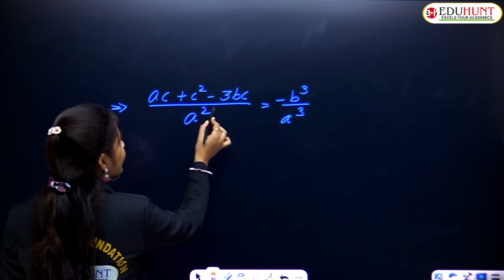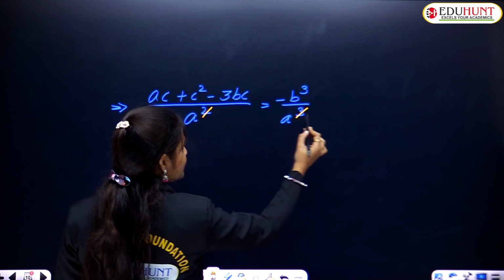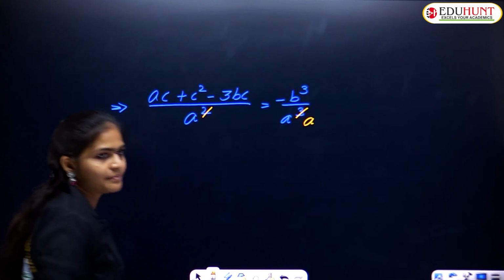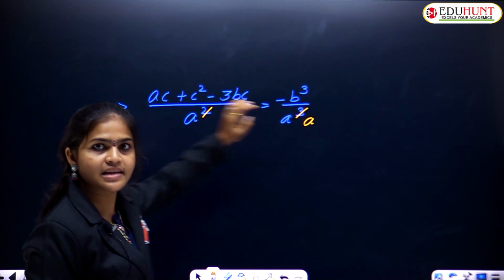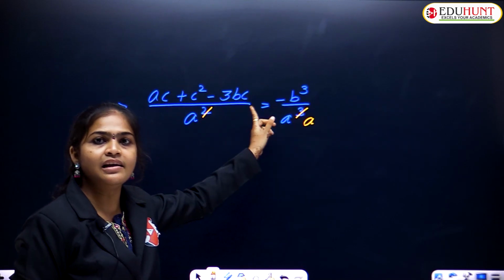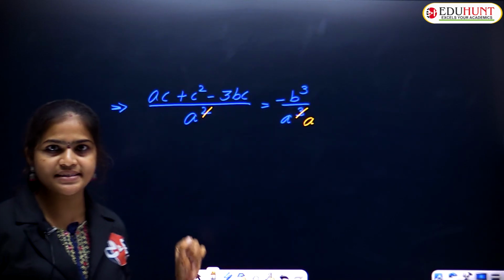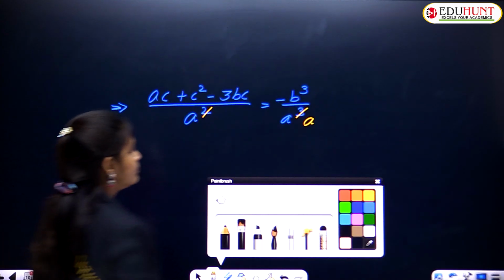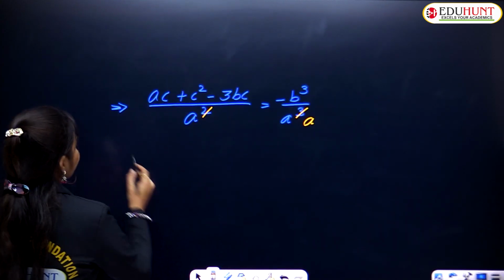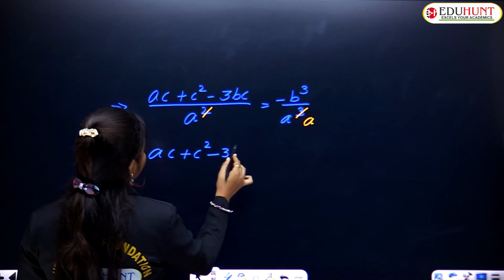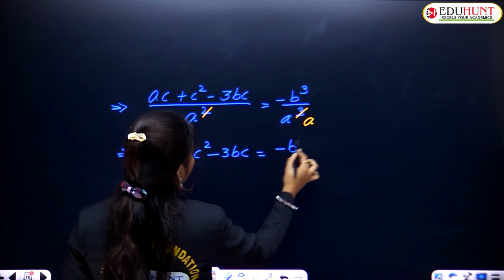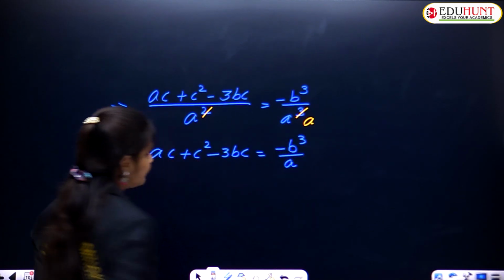So see here, 2 times a is there on one side and 3 times a on the other, so 2 times get cancelled and 1 time is left over. From this one, ac plus c square minus 3bc is equal to minus b cube by a.